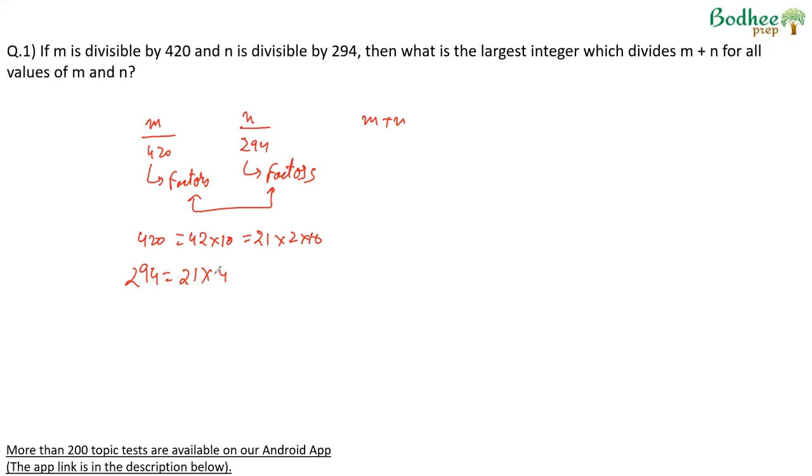So 21 into 14. So this will become 21 into 2 into 7. And therefore, clearly the highest common factor for 420 and 294 will be 21 into 2, which is 42.